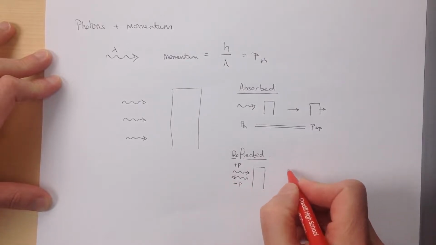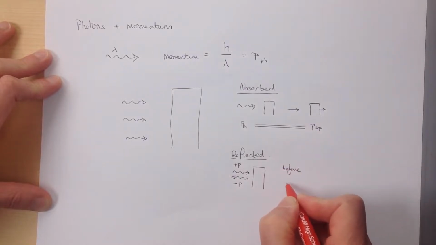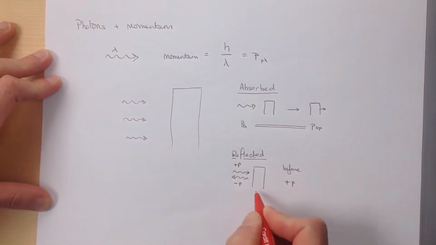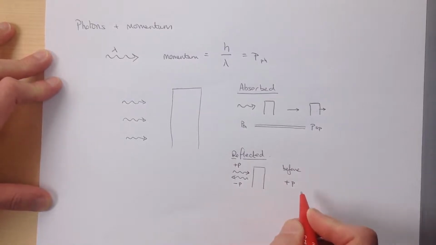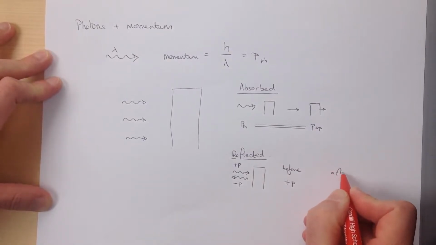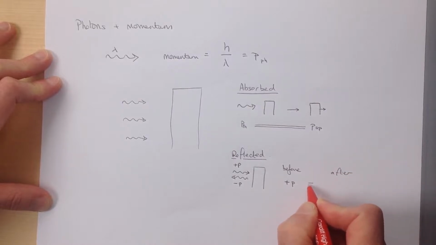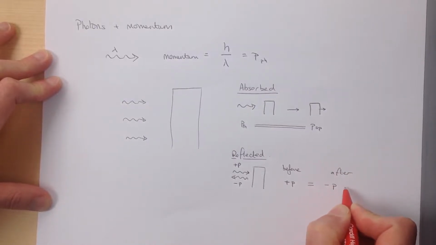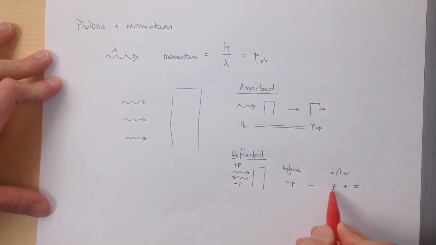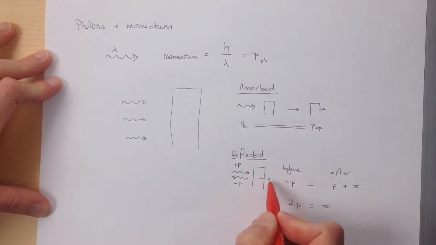And so the momentum before would be plus p. If that was stationary, then afterwards, this would have to equal minus p plus some other quantity. And if I take that minus p to the other side, then what we find is that this moves with a momentum x, which is 2 lots of momentum.